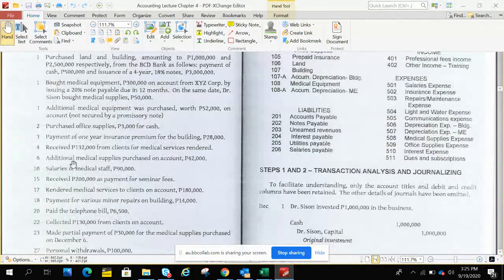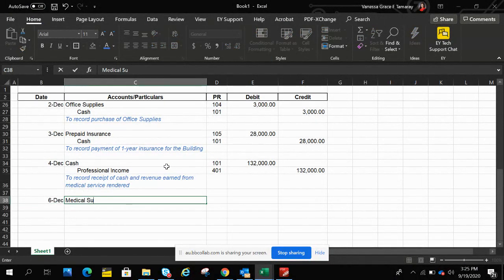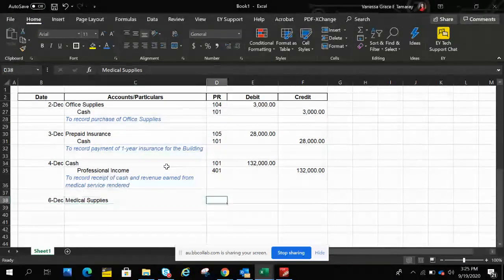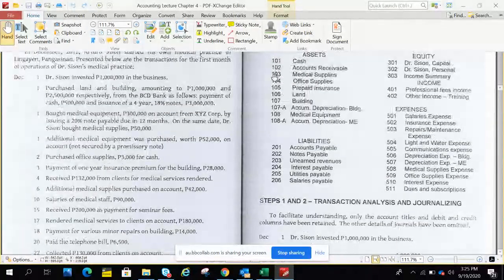Number 6, additional medical supplies purchased on account. So, debit, medical supplies. Meron tayo ng billing, medical supplies. Ano ba yung medical supplies dito ulit? 103. Pero ano sabi? On account. Ibig sabihin, hindi pa natin babayaran. So, hindi credit cash. Anong meron ka sa credit side? Isipin mo, may debit side ka, medical supplies.